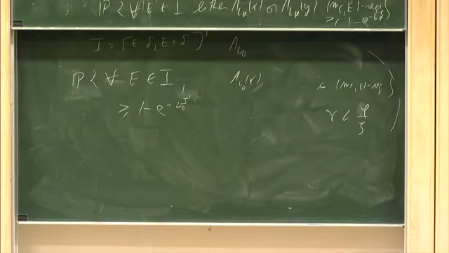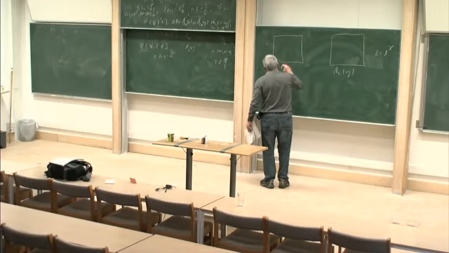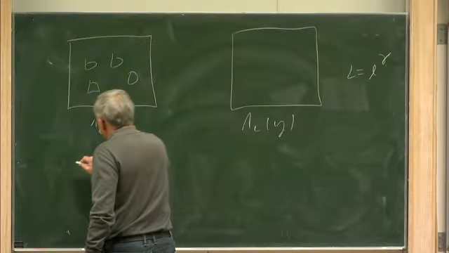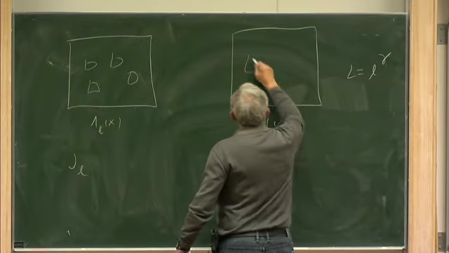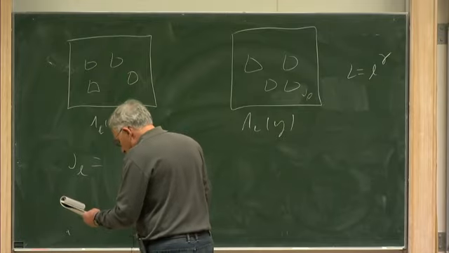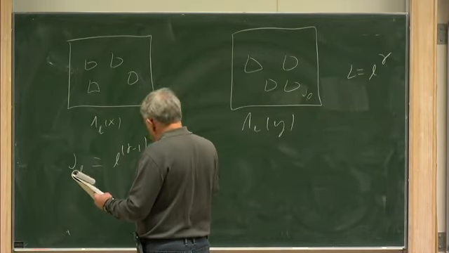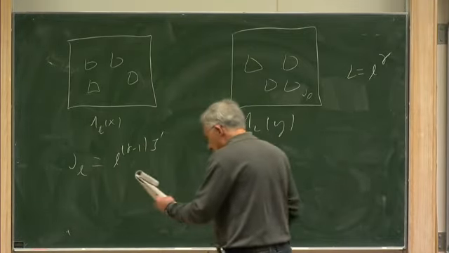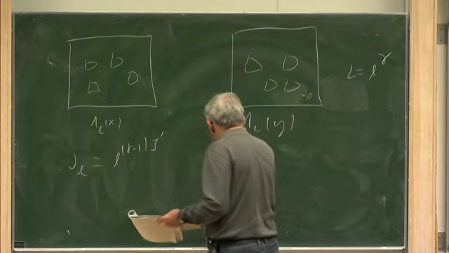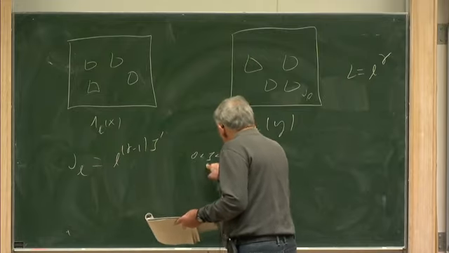Okay, the way we are going to do it, first, we are going to assume you take the covering that a certain number JL of bad boxes in either one of them. JL is going to be as it was for the singular energy. One, I'm going to take L to the gamma minus 1 zeta prime, where zeta prime is going to be chosen to be bigger than zeta.